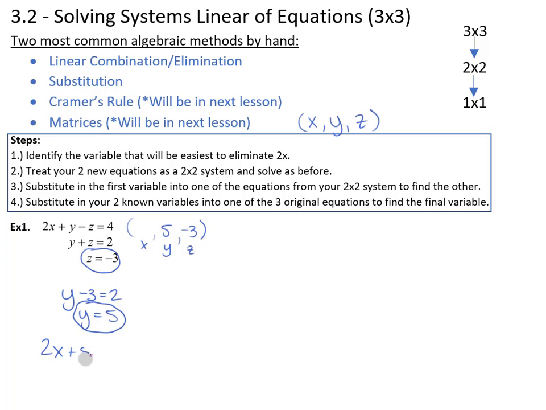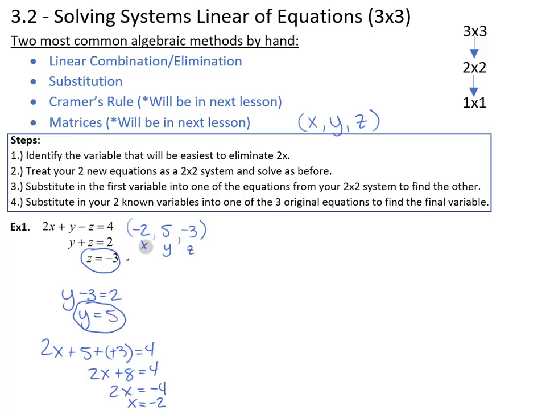So plus y, which is 5, minus z, which is -3, equals 4. So minus a negative will become plus a positive. 5 plus 3 is 8. Subtracting 8 over, we get -4. And dividing by 2, we get x is -2.